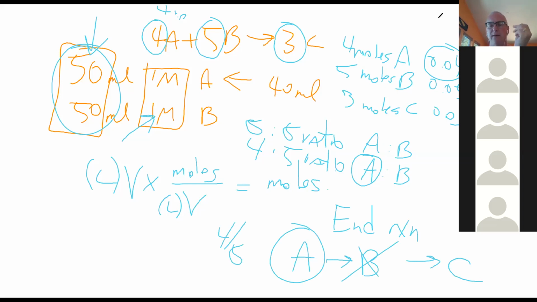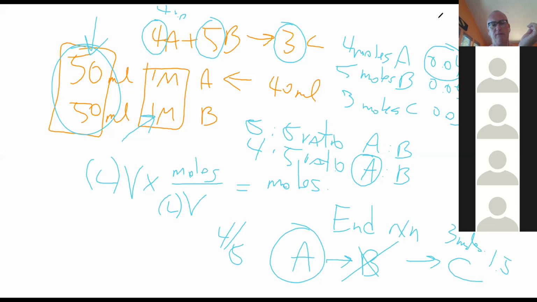And how much C would I make? 3. Yeah, exactly. I'd make 3 moles, and so my concentration would be A plus 1.5?